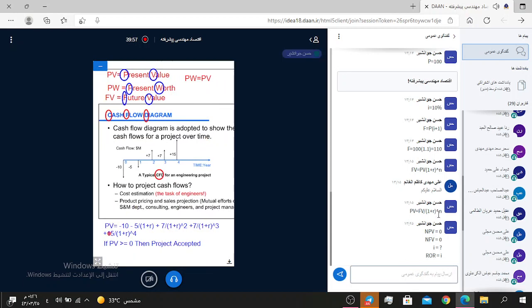For example, NPV equal to minus 10, minus 5 divided by (1 plus R), and so on.